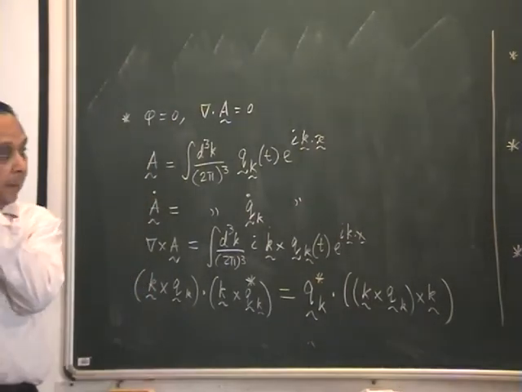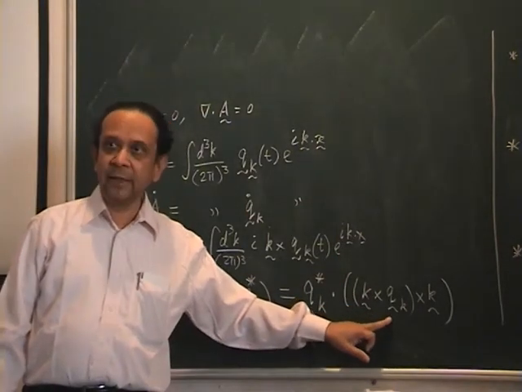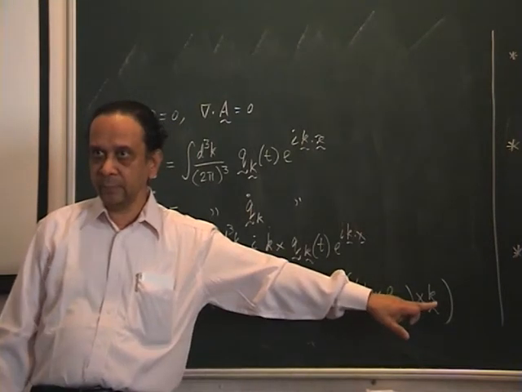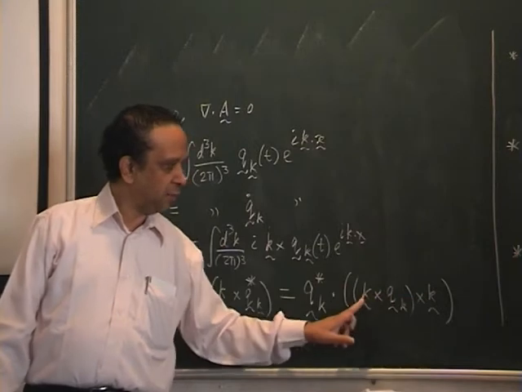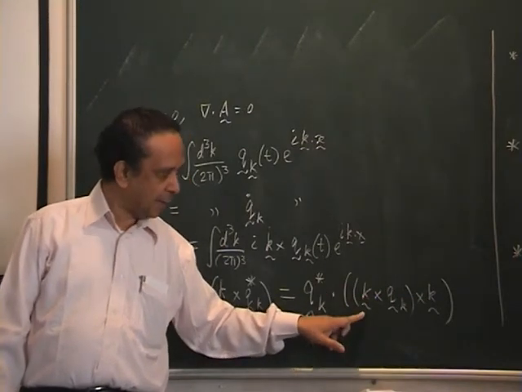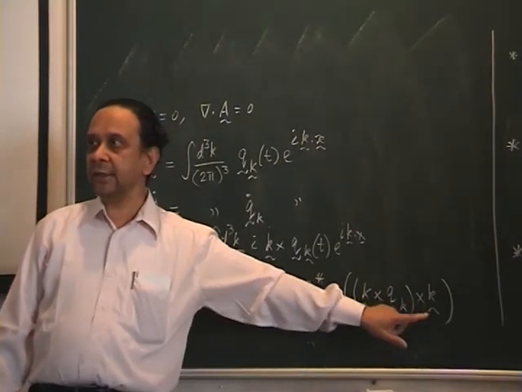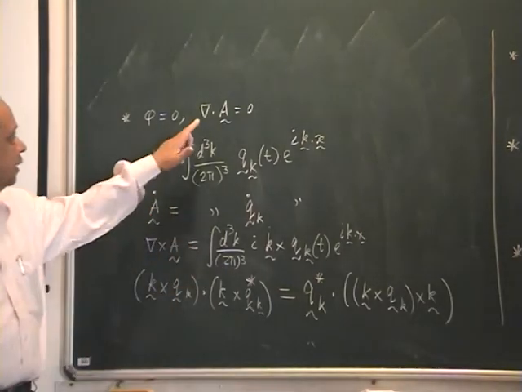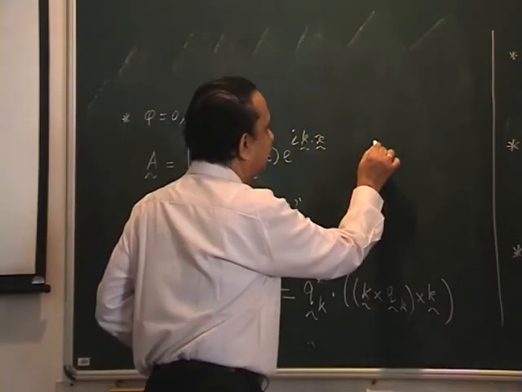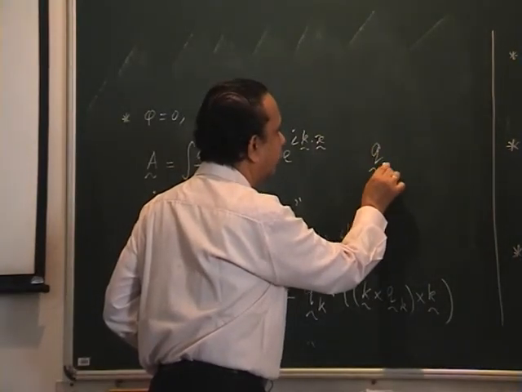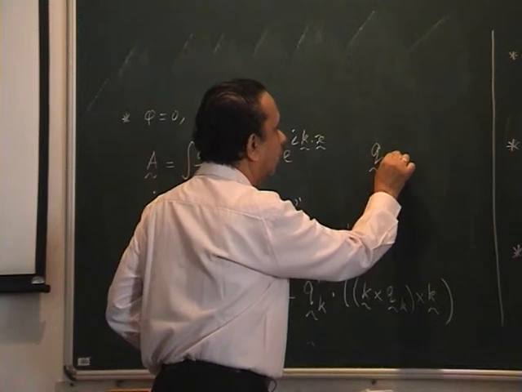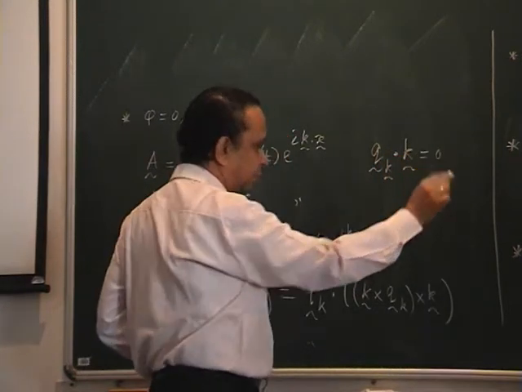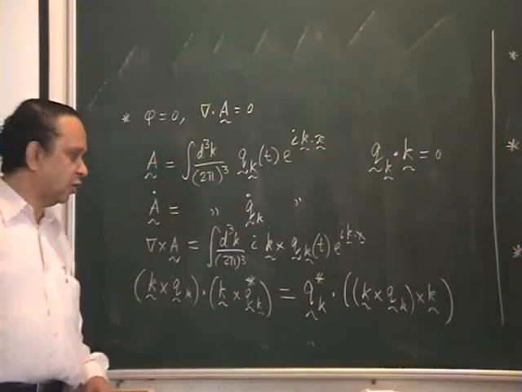Now what is this? You use the rule of the middle term. So you have, except for sign, q_k and a k squared, with a dot between these two, then k and a q_k dot k. Now q_k dot k is 0, because we have this condition. That condition tells you that this vector q_k dot k should be 0. So that term doesn't contribute.